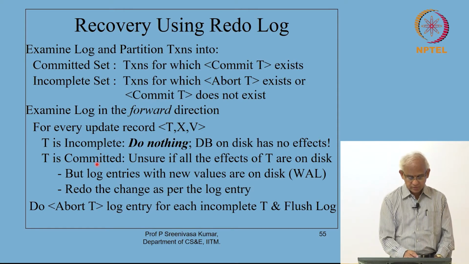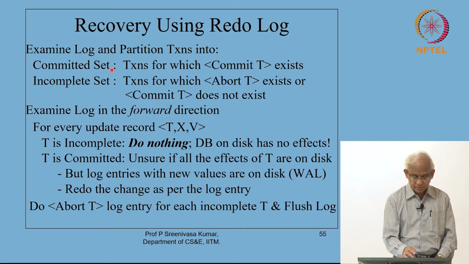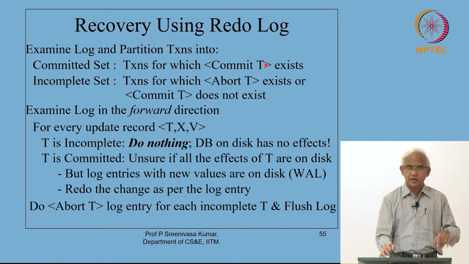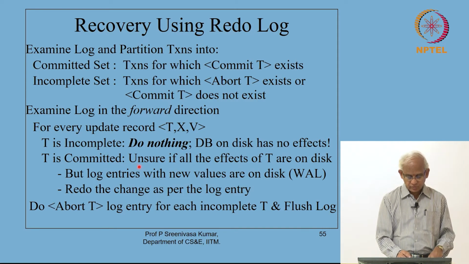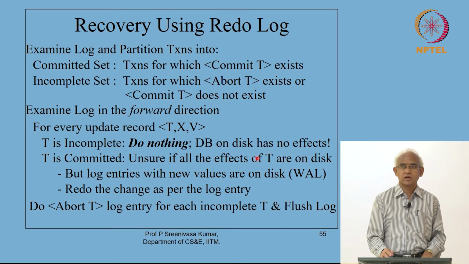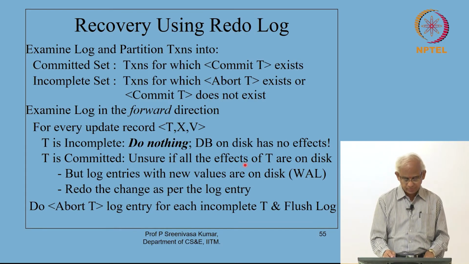If T is in the committed set, that means its commit T record exists in the log. Then we are unsure if all the effects of this particular transaction have actually reached the disk or not.